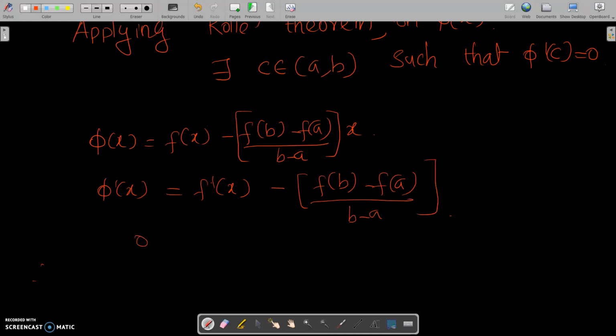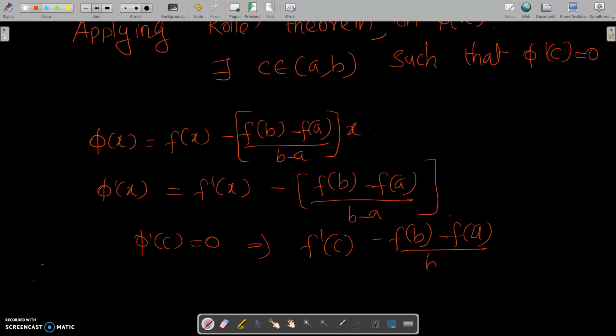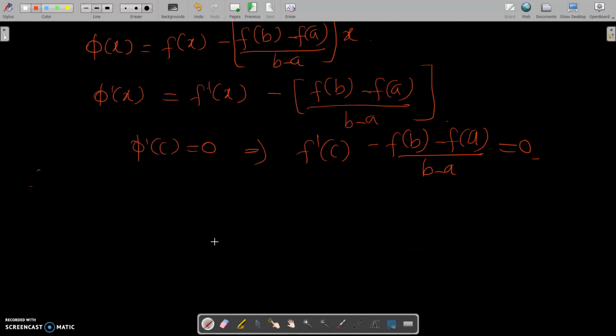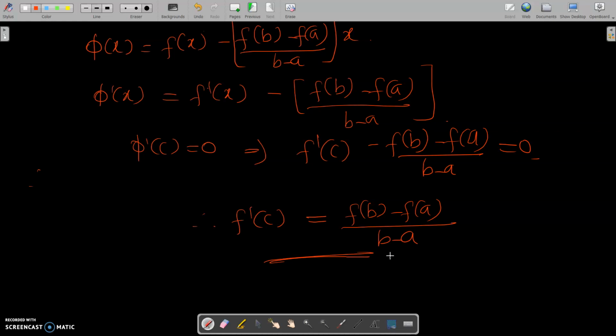So phi dash c equal to 0 implies f dash c minus f(b) minus f(a) divided by b minus a equals 0. Therefore f dash c equals f(b) minus f(a) divided by b minus a. So this is the proof of the Lagrange mean value theorem.